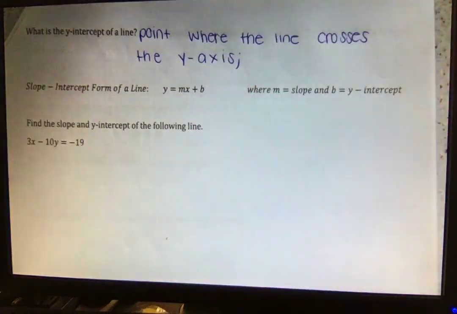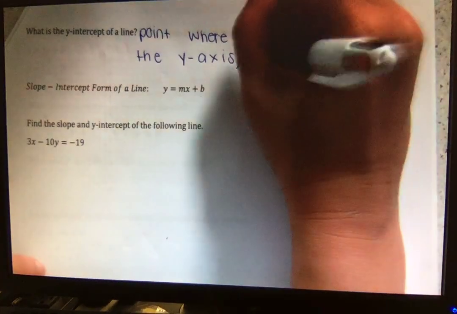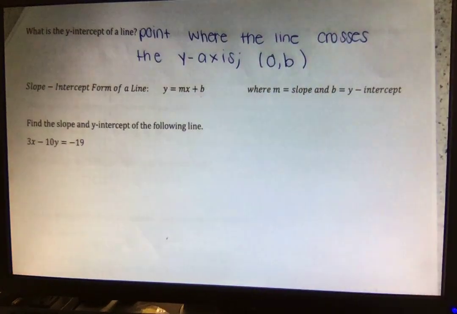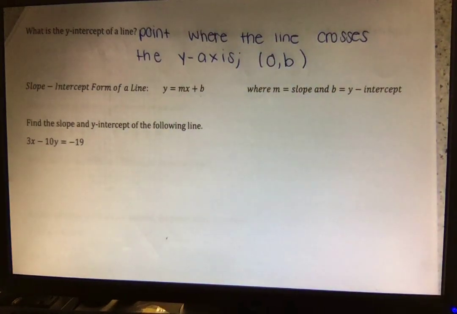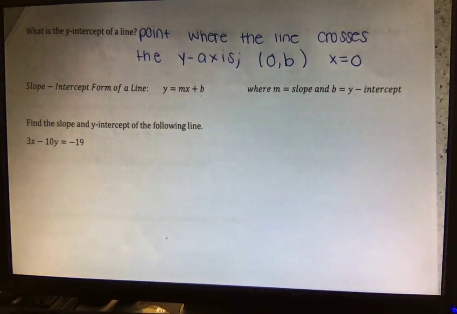So for a y-intercept, what's the ordered pair? So 0, comma, whatever y is, we usually use a letter b. So our x value is always 0 for our y-intercept. So it's 0, comma, whatever b is. X is always 0 in order to hit the y-axis.